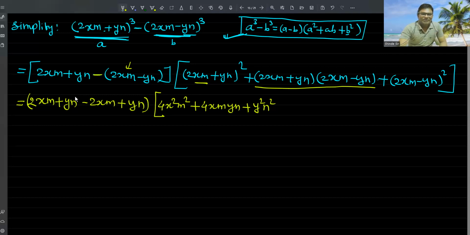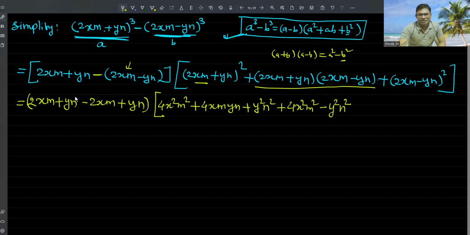So we can compress it: we have a + b in the first bracket, a − b in the second bracket, and we can write it as a² − b². Here a² means the square of the first term, that is the square of 2xm, which will give us 4x²m², minus b², which means the square of the second term, that is the square of y times the square of n.